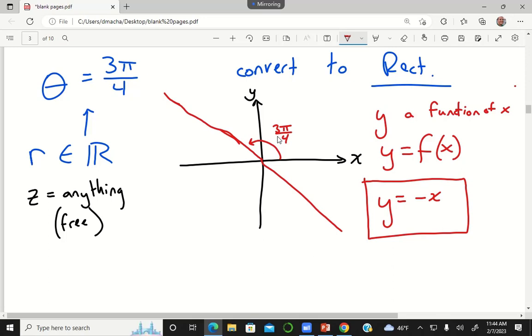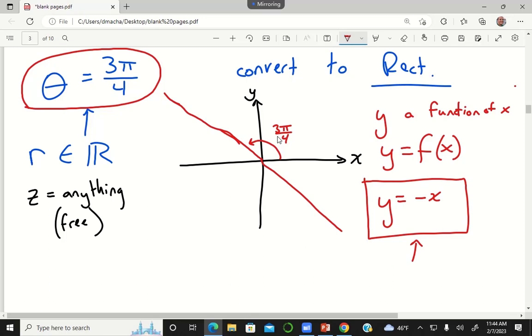So this equation is describing the same plane in 3D space as that equation. Whenever I write theta is equal to 3 pi over 4, that's either telling you that r is free and z is free, or it's the same thing as telling you that rho is free and phi is a free variable. And whenever you write y equals negative x, that's just implying that z is a free variable. So we're talking about the same plane. Does that make sense to everybody?